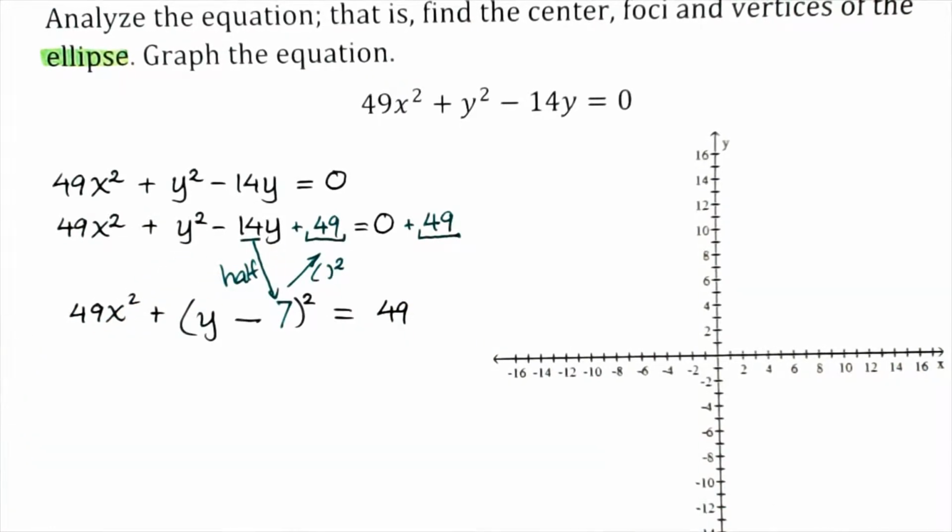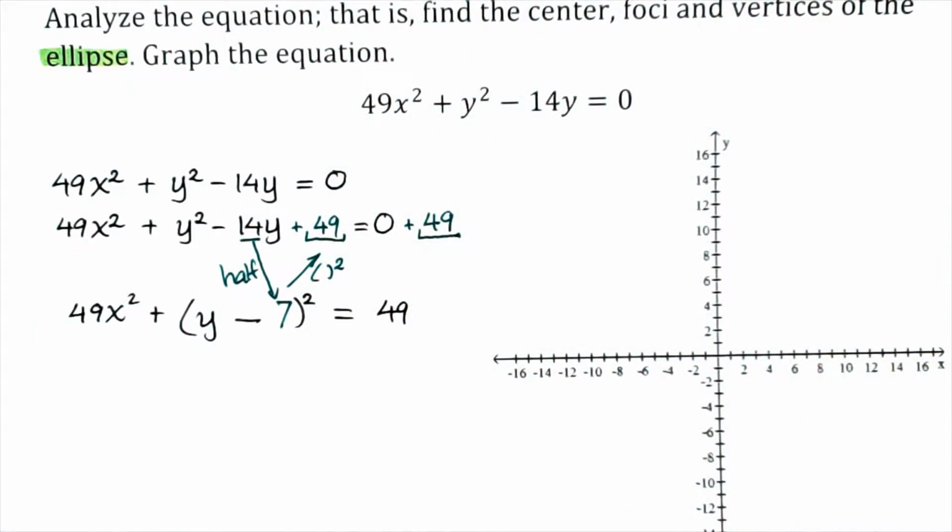It's almost in the standard form, except that we're going to divide both sides by 49, so the right hand side is equal to 1, because that is the standard form of the ellipse. So we divide by 49 on both sides.